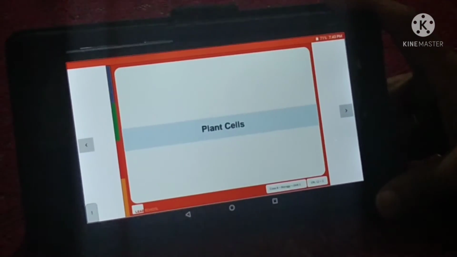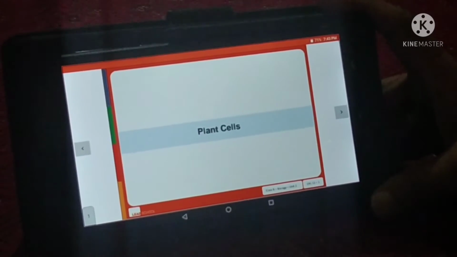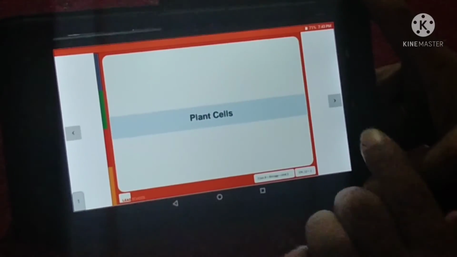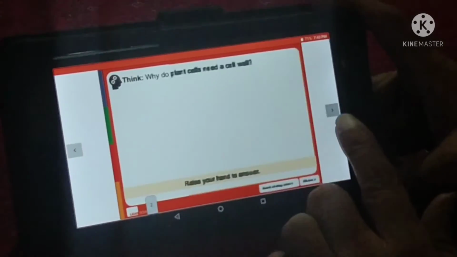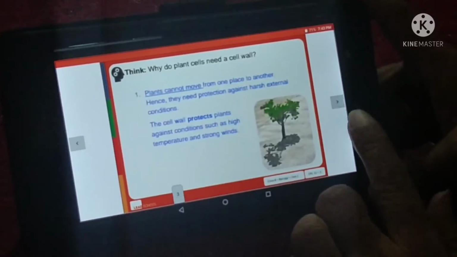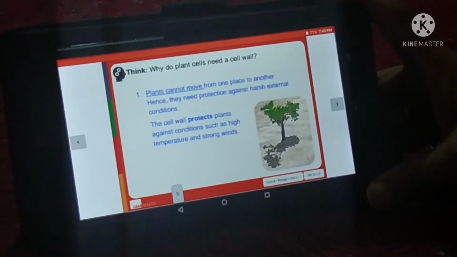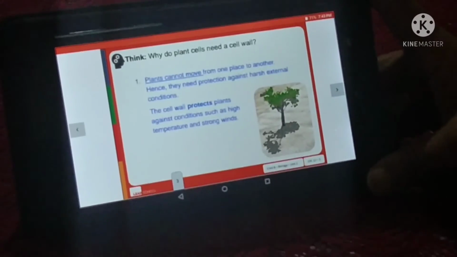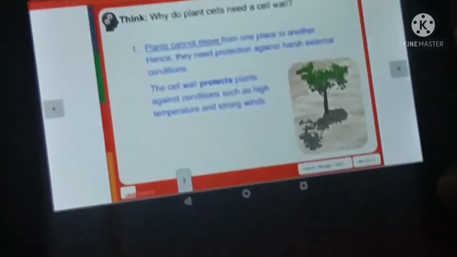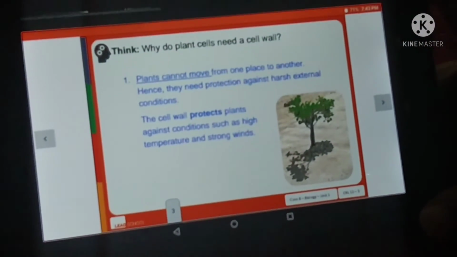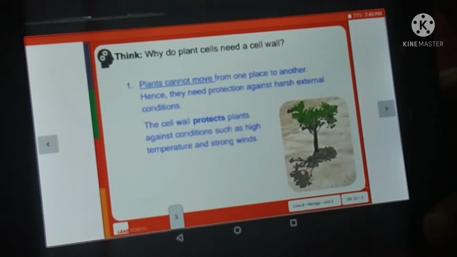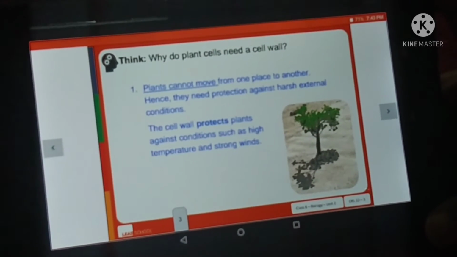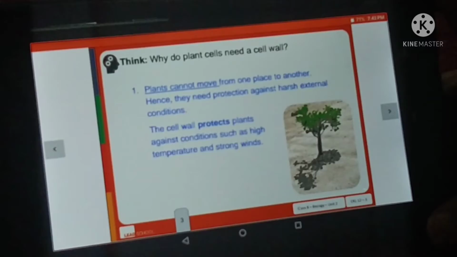Friends, now we will learn about the difference between plant cells and animal cells. Plants cannot move from one place to another, hence they need protection against harsh external conditions.